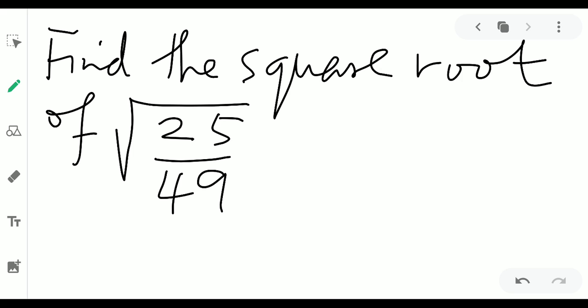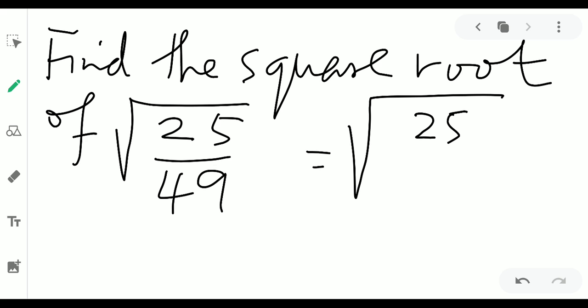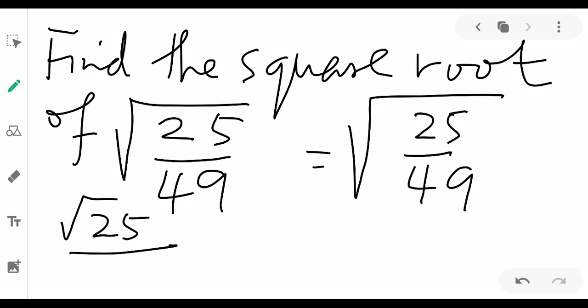It is not difficult at all. First of all, write your square root again, a bigger one. So 25 over 49. Right. So what this means is that we are going to get the square root of 25 divided by the square root of what? 49.